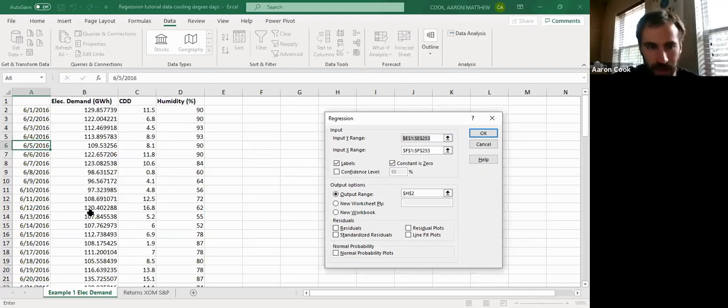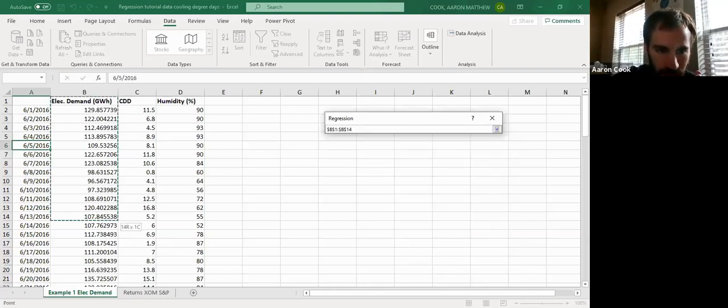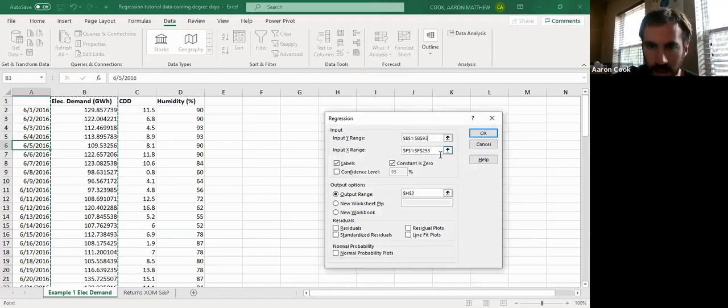Start at the top and then drag down and select all of that data. Then the thing that we're going to use to predict electricity demand is cooling degree days. So we want to select that data as well. We start at the top in column C, and then again, drag that down.